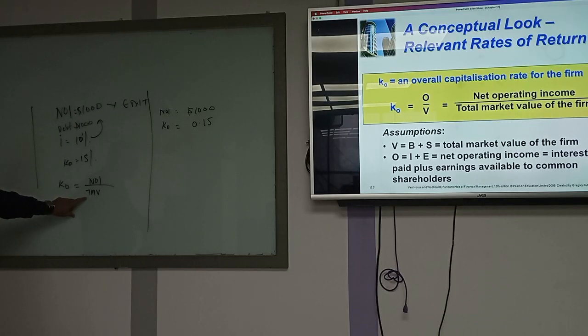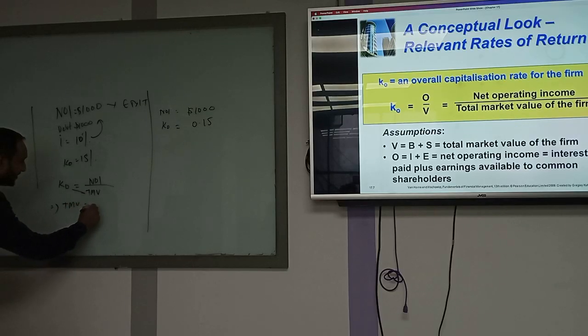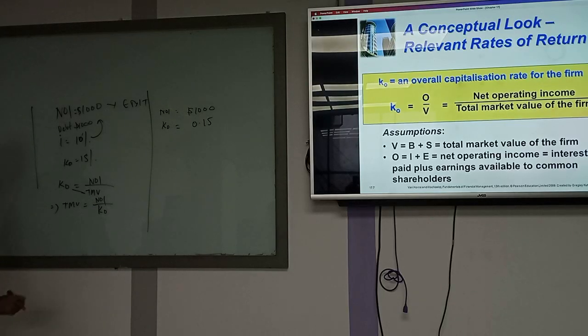No. Only one portion is given, the debt value, but the equity value we don't know yet. Is KO given? Yes, the capitalization rate is given. So I can go for the calculation of total market value, right? How? Just rearrange it: total market value is equal to NOI divided by the capitalization rate.